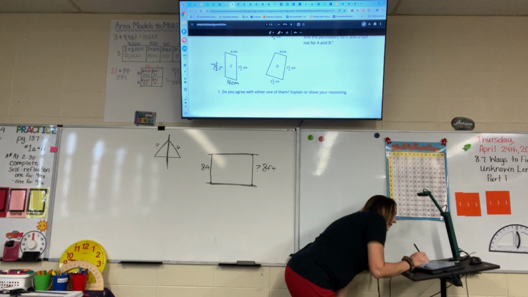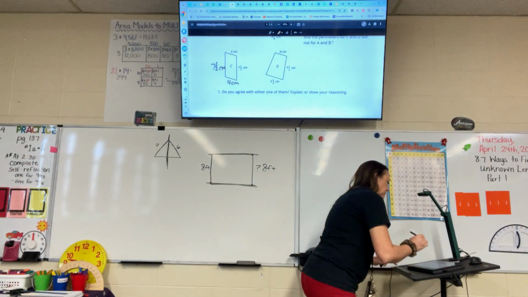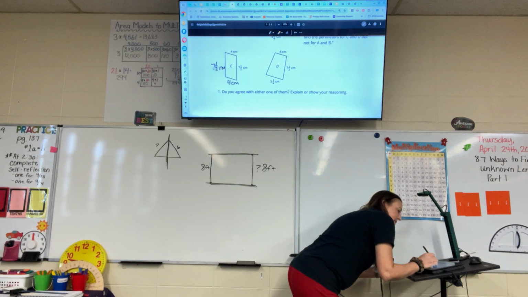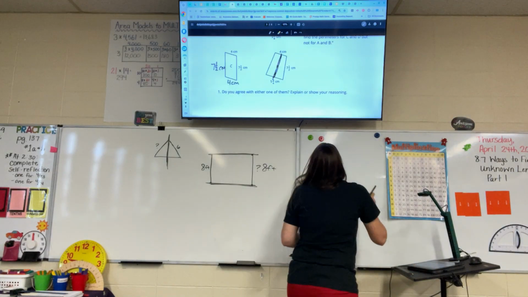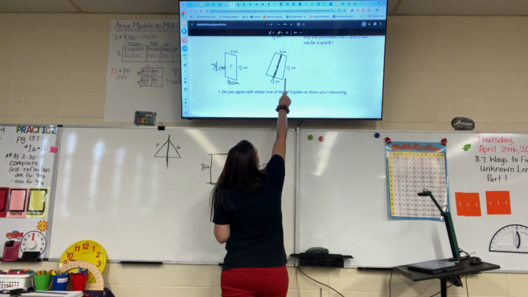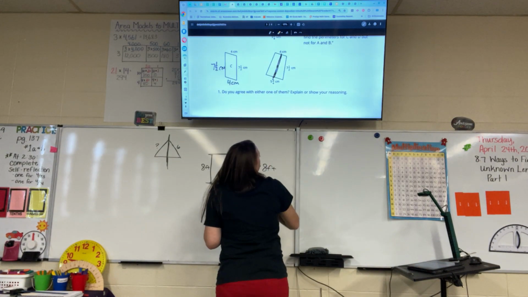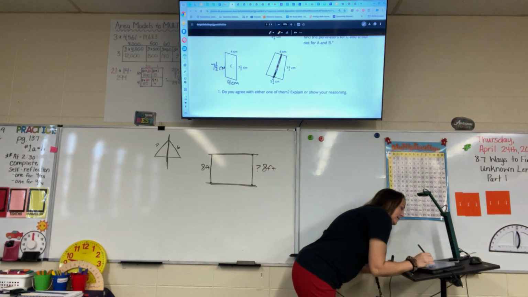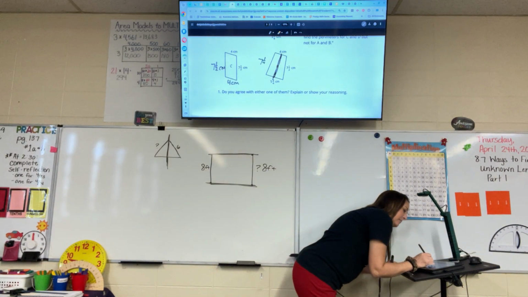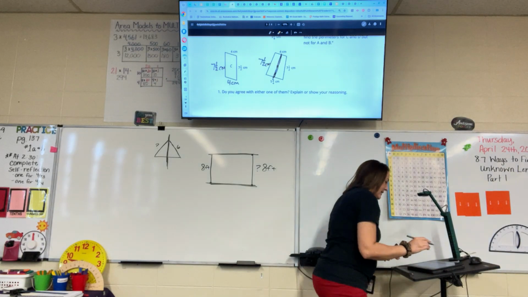Because it says that D has one line of symmetry, if this side is 7.5, what's this one? 7.5 centimeters. Okay, you with me? I think these are kind of fun.